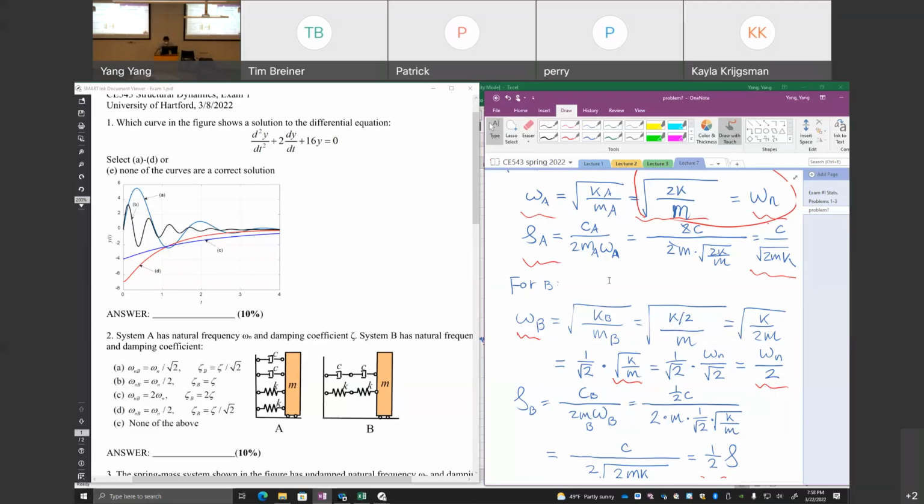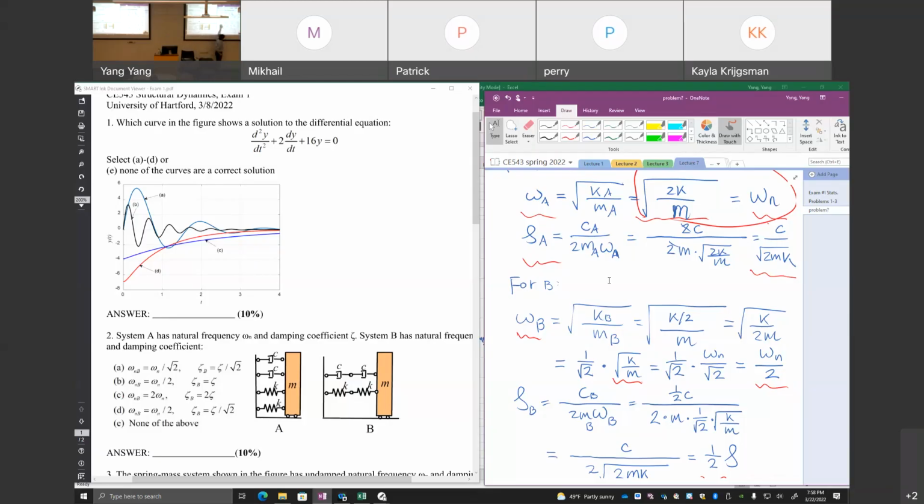Yes, Professor, I have a question. For omega B, why did you multiply by omega n over square root of 2? I don't get that part. You mean the second line of that derivation? Yes. In the second line, we have already derived omega B in terms of k and m, correct?